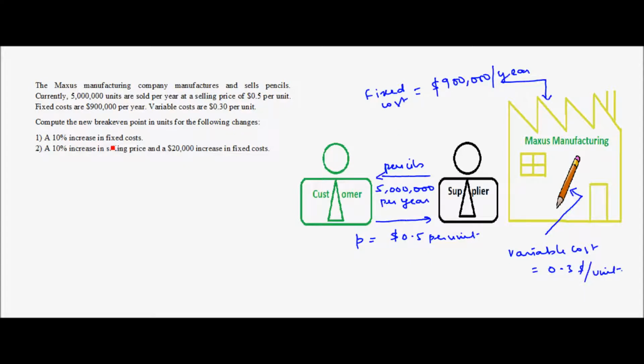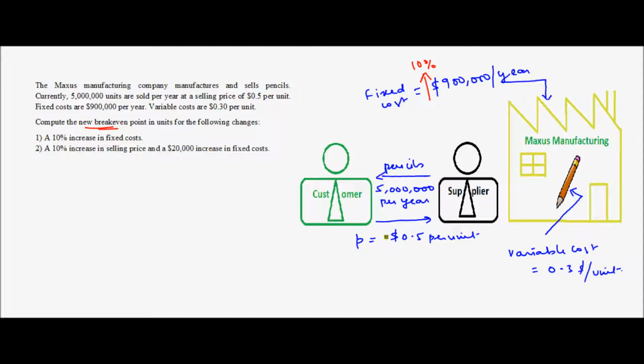Now we have to compute the new break-even point in case first the fixed cost is increasing by 10%. So this is increasing by 10%. And second, an increase of 10% in selling price and an increase of $20,000 in fixed cost.